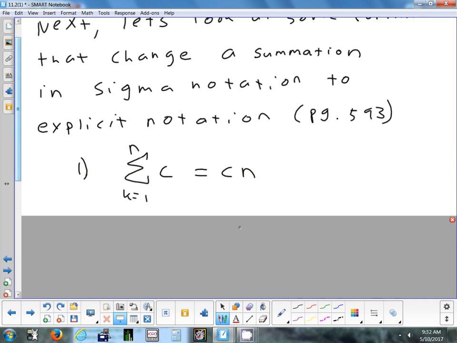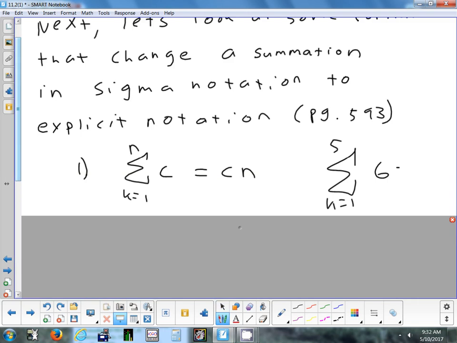The first one is even a step simpler than the one I just did. It's basically doing something like this. You're adding up a constant over and over. It's not even a formula with a variable.